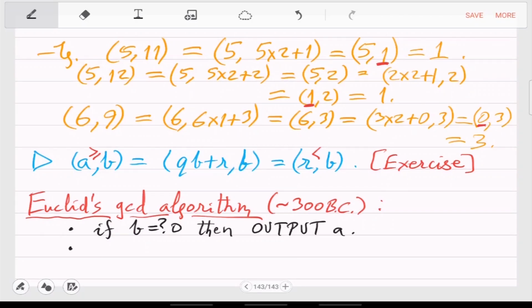We are computing GCD of A comma B. So if B is 0, then you just output A. If B is 1, then you output 1. Doesn't matter what A is. If B is 1, then you get the answer as 1. So there are 2 base cases and then a recursive call.